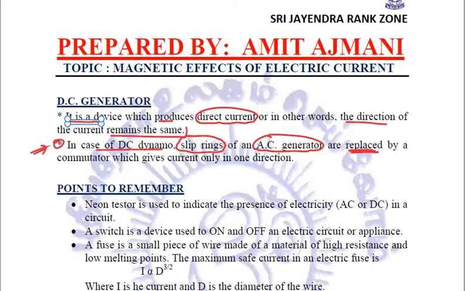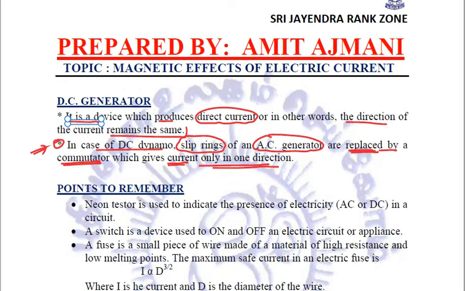Slip rings are not used, they are replaced by a commutator, which is a kind of split ring. And because of this commutator, the current which is produced is the direct current, which flows only in one direction. So these are our AC generators and DC generators.